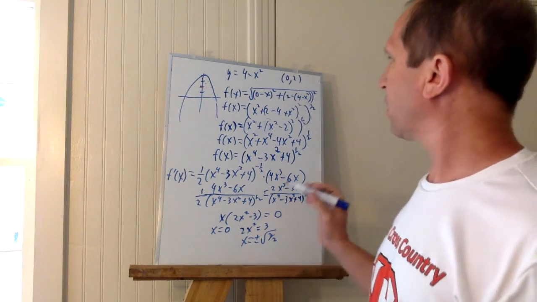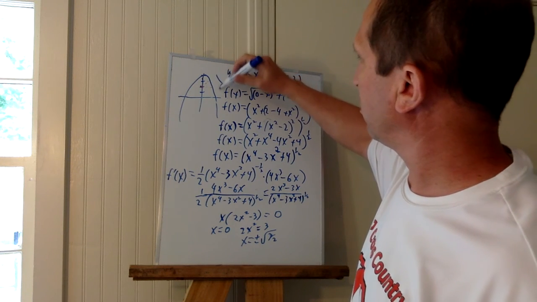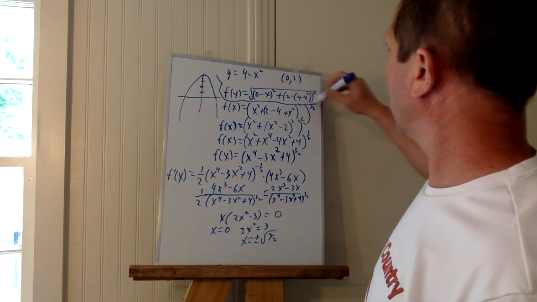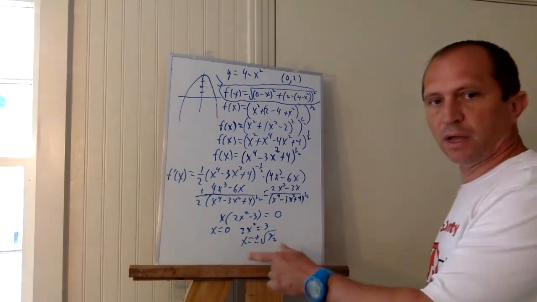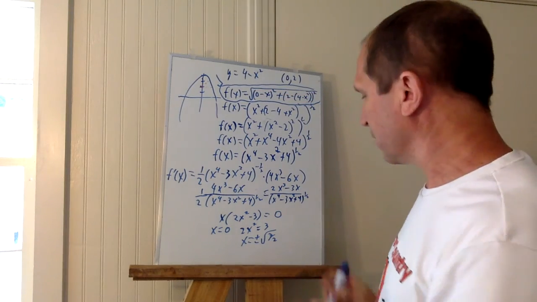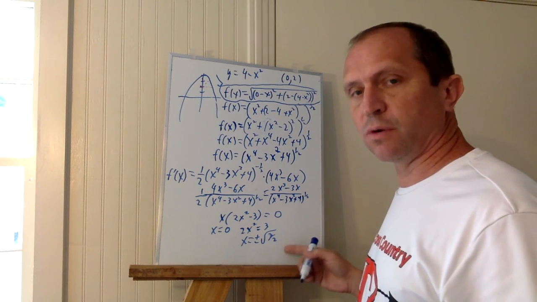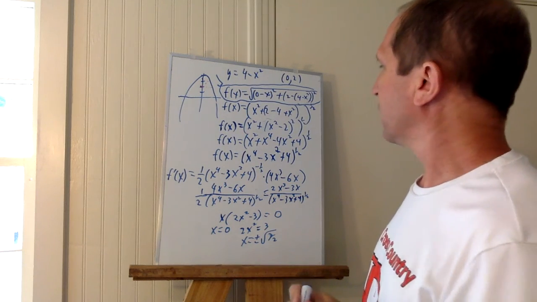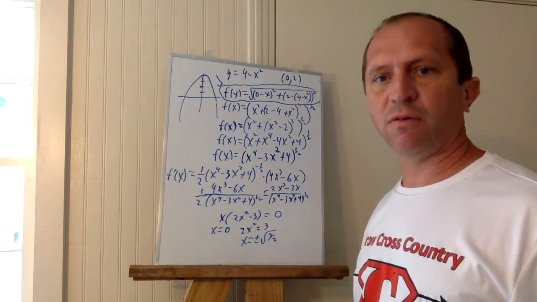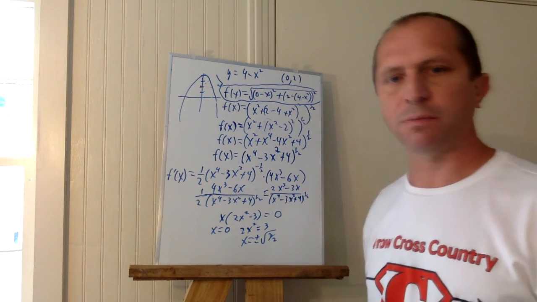So you could go back, you could use your calculator, plug it into this right here, and when you plug in f of 0 and then f of plus the square root of 3/2 and minus the square root of 3/2, you'll see that these two yield the smallest answer there. So that's the arithmetic involved. I'll have more optimization videos posted soon.